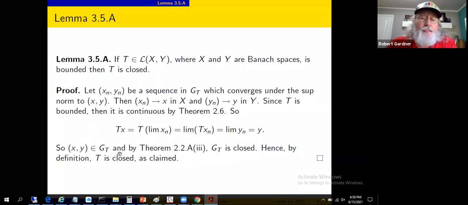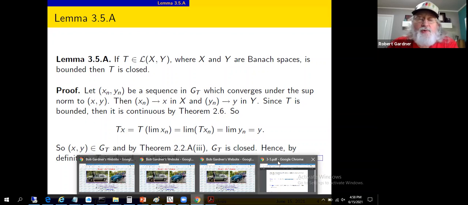Actually, we've shown G of T closure is a subset of G of T. We've drawn the conclusion as in the previous argument that G of T equals G of T closure, and that's where the closure is coming from. Well, if the graph of T is closed, then T itself is a closed transformation, because that's what it means for a transformation to be closed, and there's the conclusion as claimed. Back to the notes.